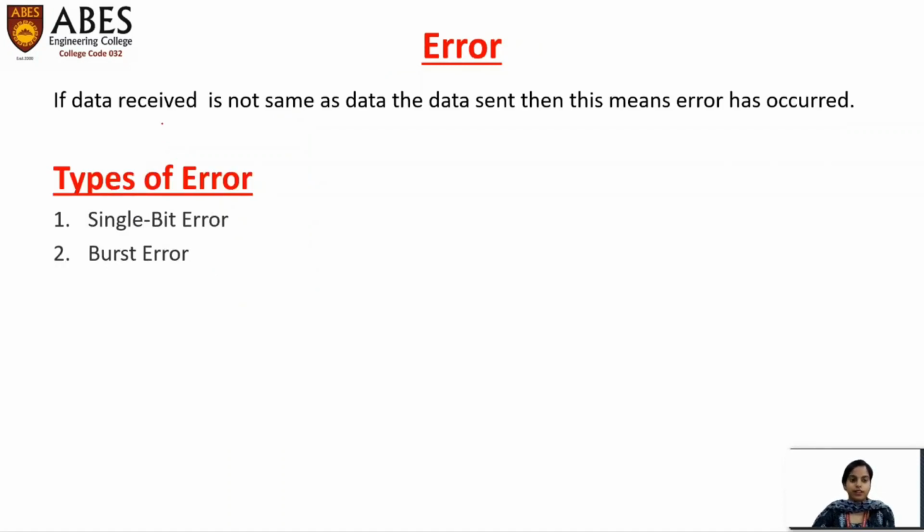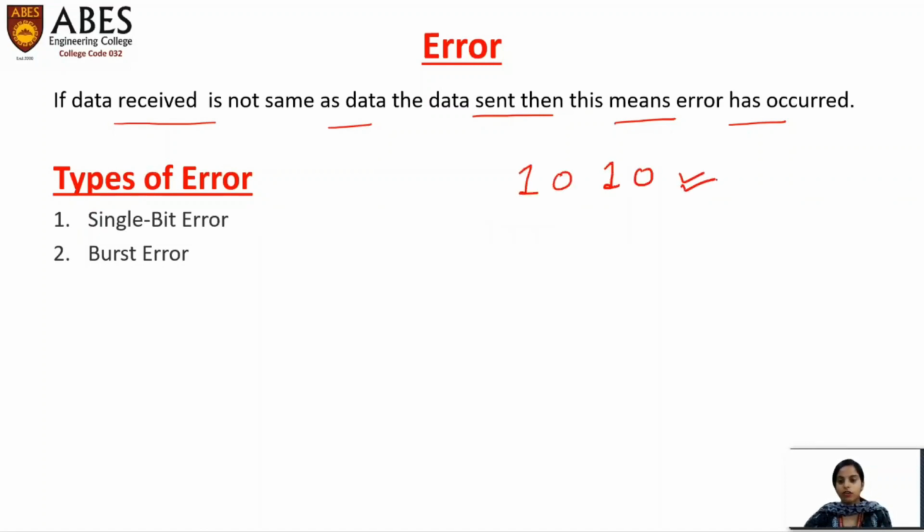What the statement is saying is that if the data received is not the same as the data sent, this means error has occurred. First I would like to tell you that when we are doing communication over the network, data is always transmitted in the form of bits, like 1010.